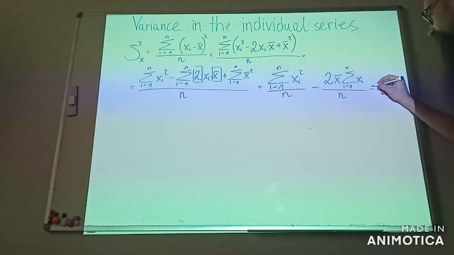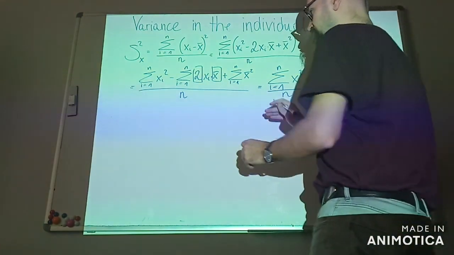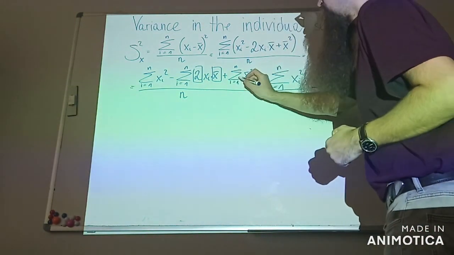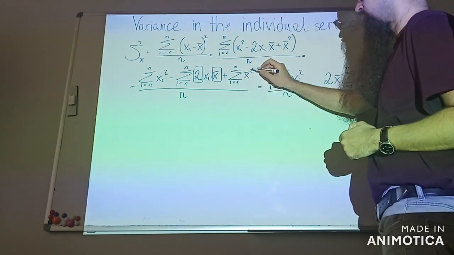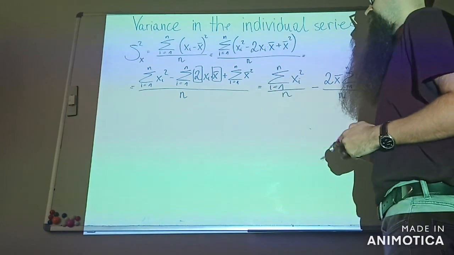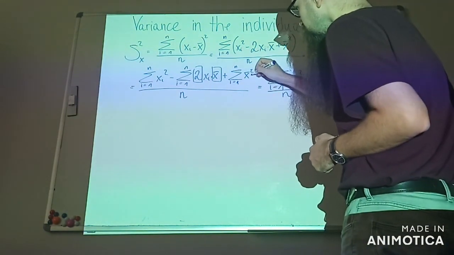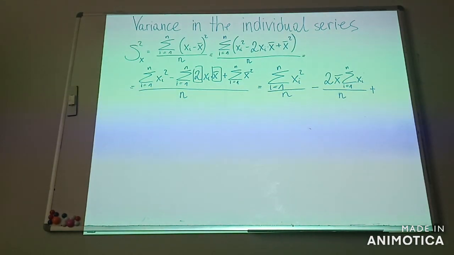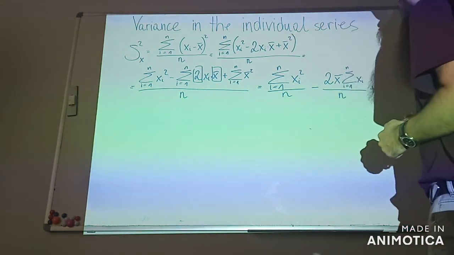And the last element contains the sum of n elements, in which we have n elements of x mean squared.